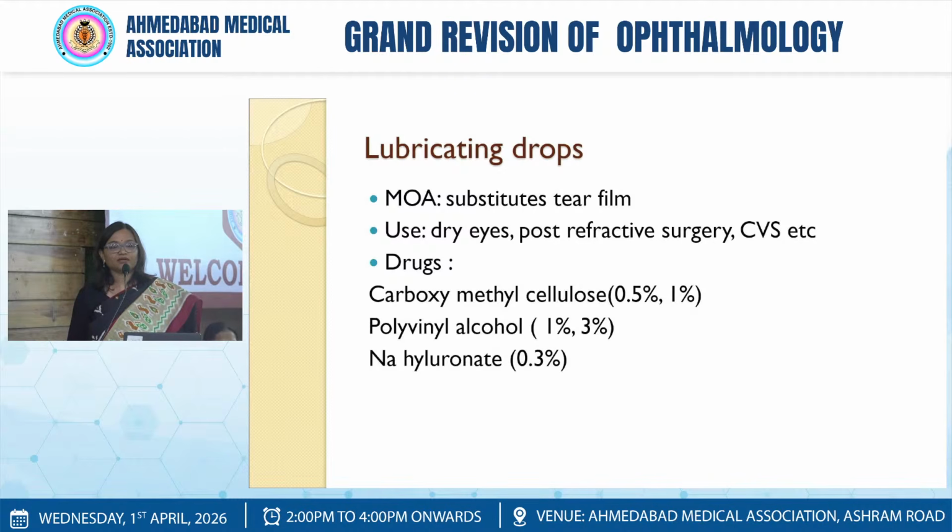The second layer is the aqueous layer, which is secreted by the lacrimal gland or accessory lacrimal glands. So the majority of secretion comes from accessory lacrimal glands, and the outermost layer is the lipid layer secreted by meibomian glands, right? So the majority of these lubricant drops act as an aqueous substitute, right?